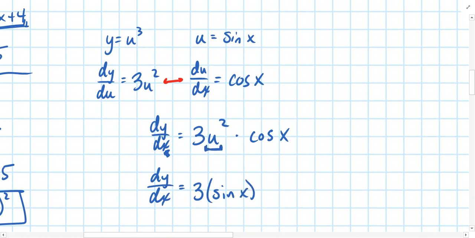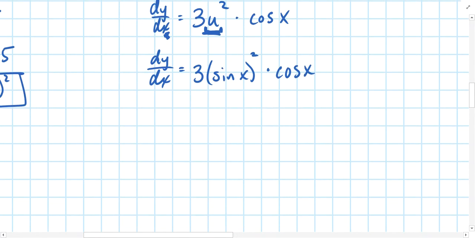This u value was defined as sine of x, so I'm making that substitution. And as we've seen before, a nicer way to write this would be 3 cosine x. This product can be brought to the front, times sine squared of x.